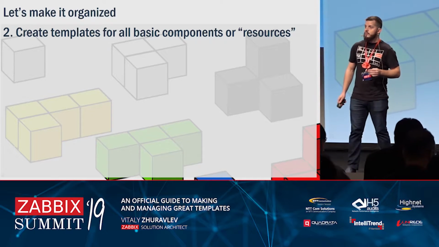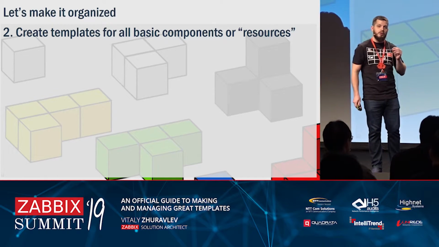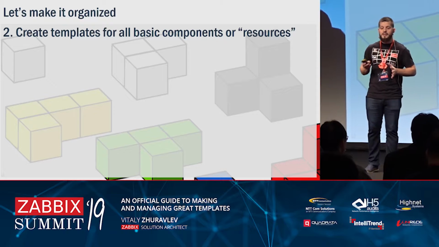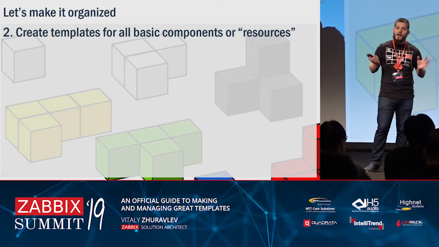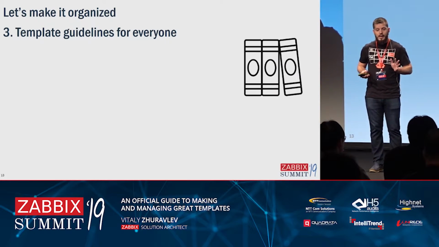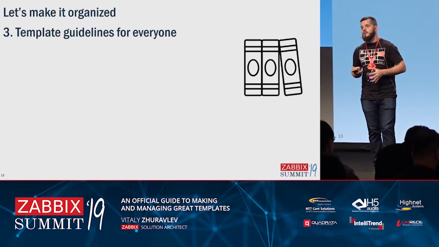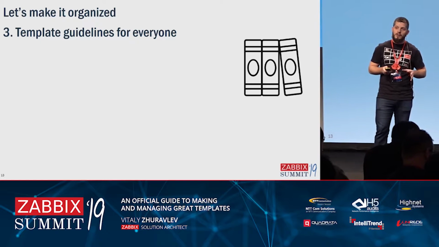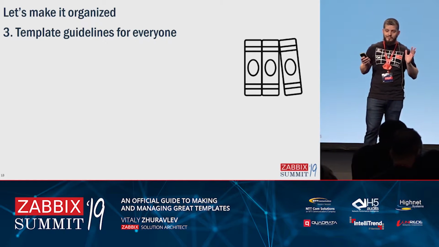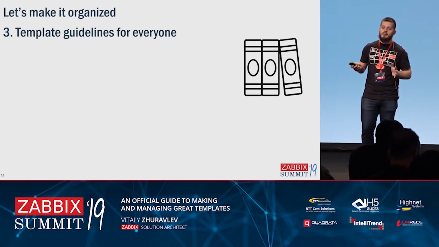We would also want to ship and give you templates for all basic components or resources out of the box. And we also want to have a common language to speak with all Zabbix users, so we can all get templates that look alike.